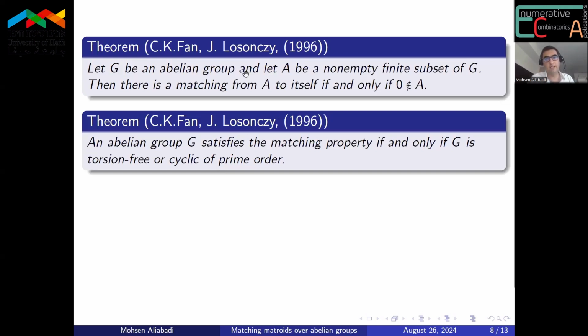So when we are dealing with an abelian group and we take a non-empty finite subset A of it, then A is matched to itself if and only if A does not contain the neutral element. And regarding the matching property, we have this theorem that an abelian group possesses the matching property if and only if it is either torsion-free or cyclic of prime order.